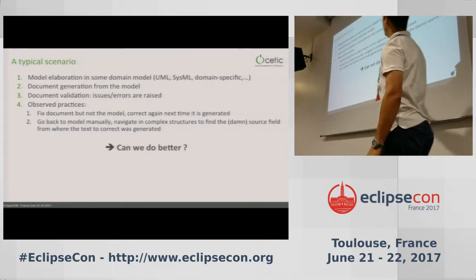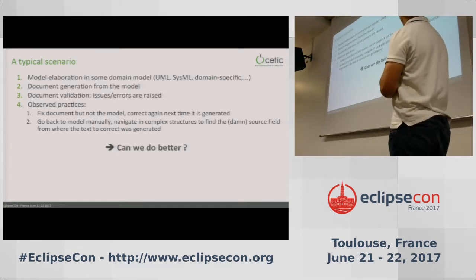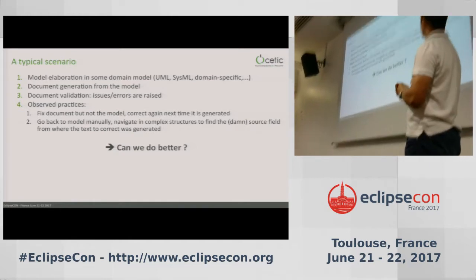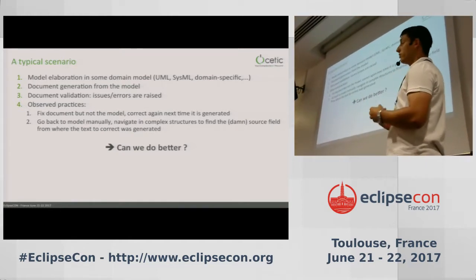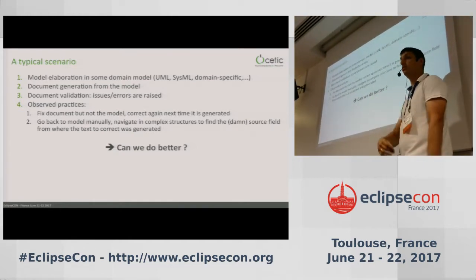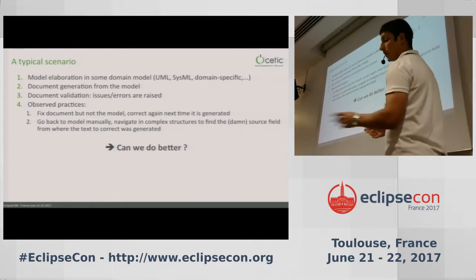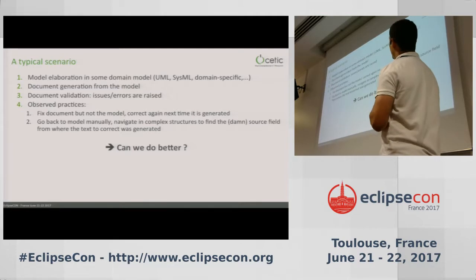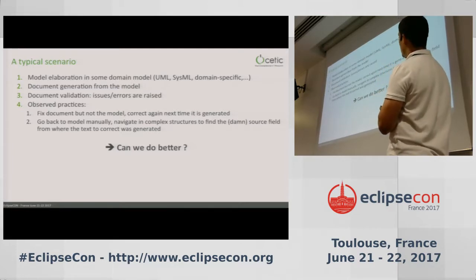Typical scenario: model elaboration in some domain, UML, SysML, domain specific. Document generation from the model using a tool. I will give a quick state of the art about document generation.